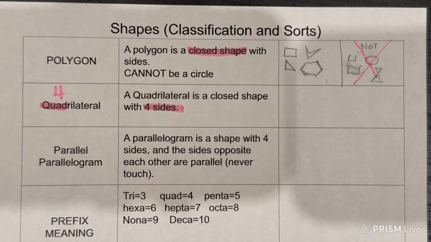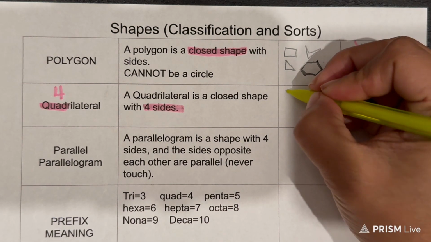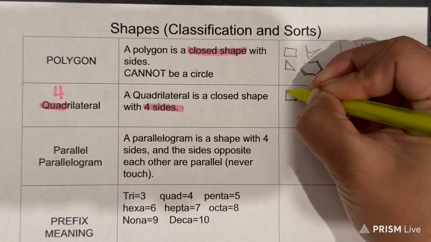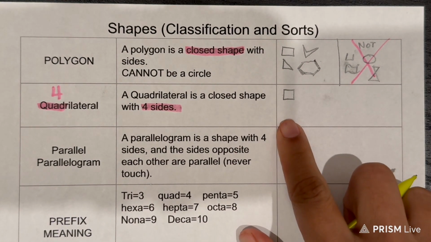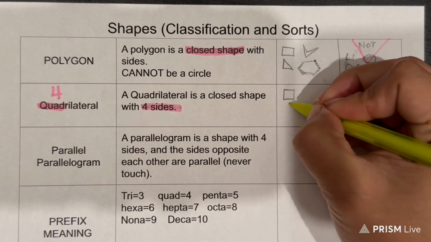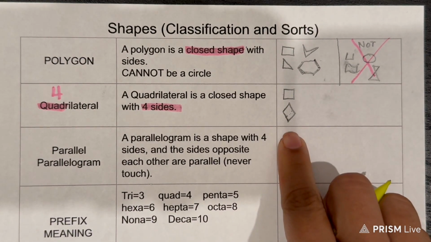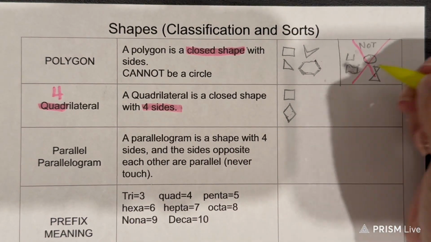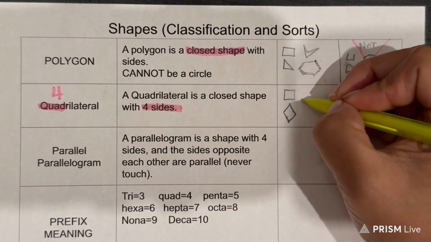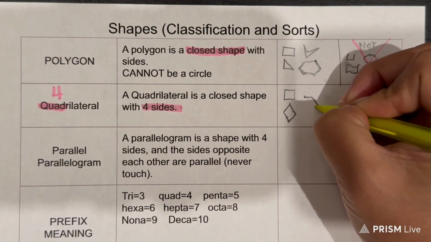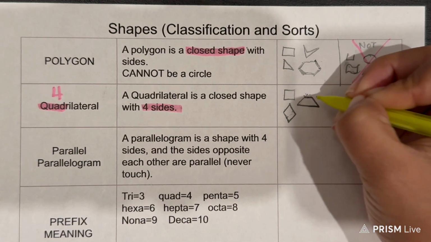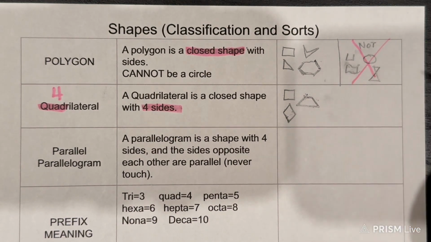So a quadrilateral might look like this. I can have a square. That's a quadrilateral. I can have a kite that has 4 sides. I can have a trapezoid, 1, 2, 3, 4 sides.